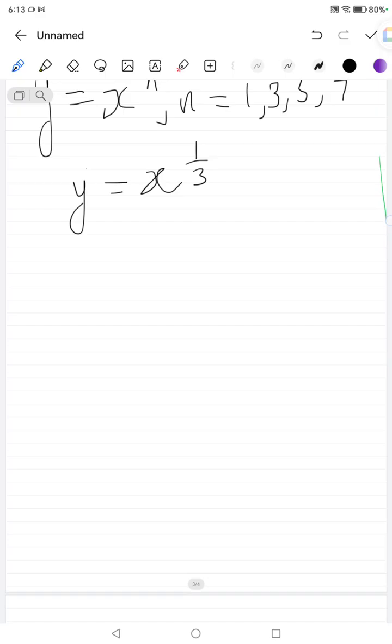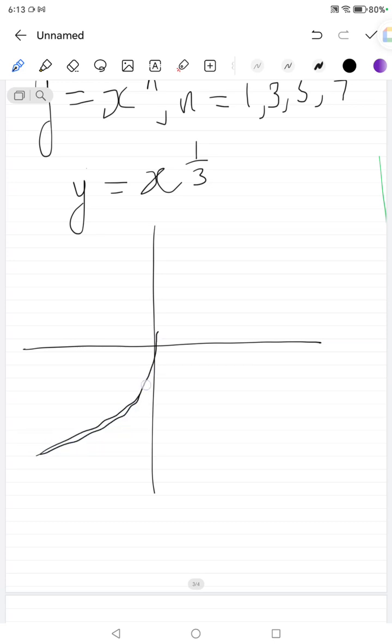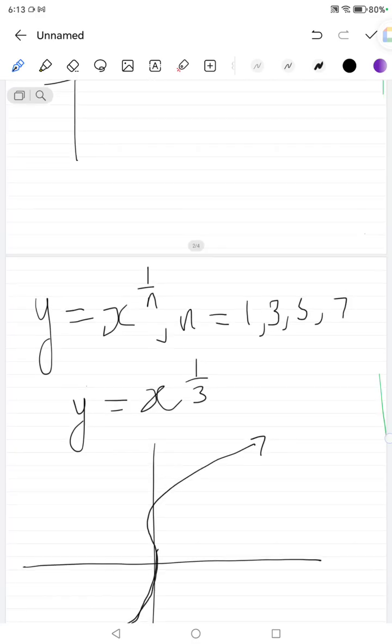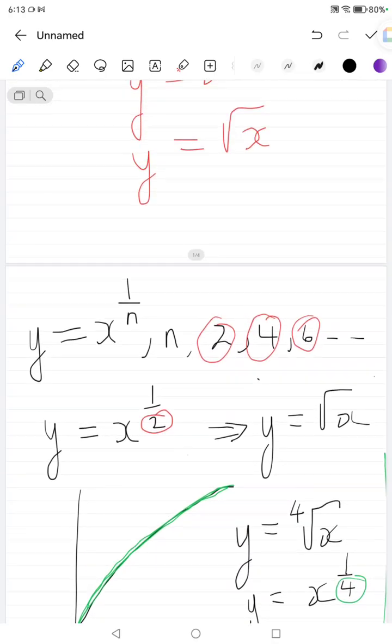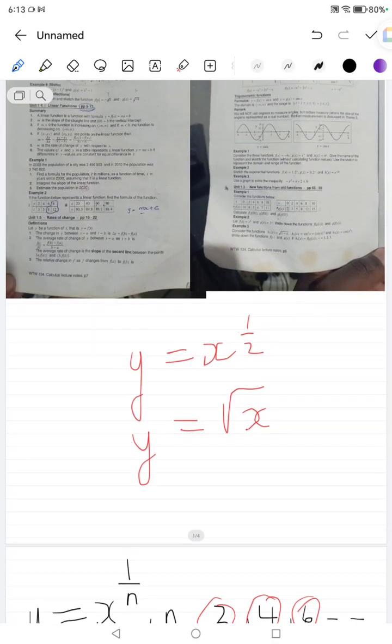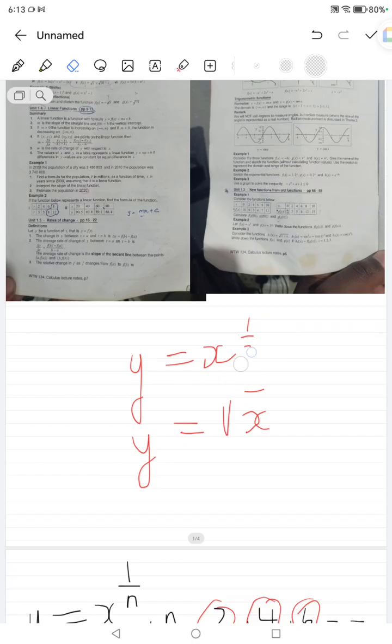We want to know how that graph looks. Basically, for this one, the graph looks something like this. So those are the six graphs, or six situations, that you have to know.